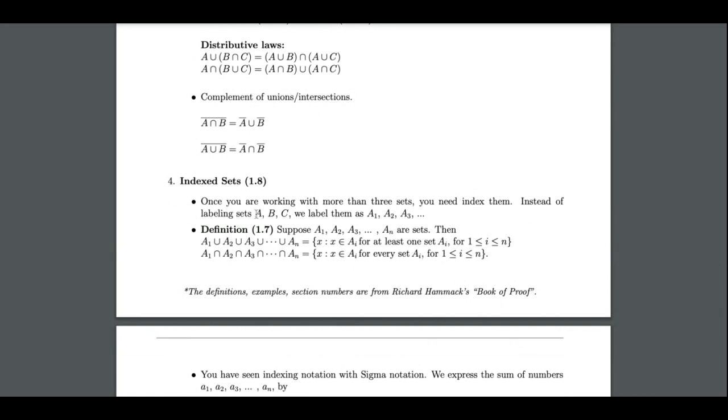Instead of labeling each set A, B, C, we label them A1, A2, A3. This is similar to when we talk about higher dimensions. With 3 dimensions, we talk about X, Y, Z. But when we talk about 4, 5, 6 dimensions, we don't want to keep adding different letters.